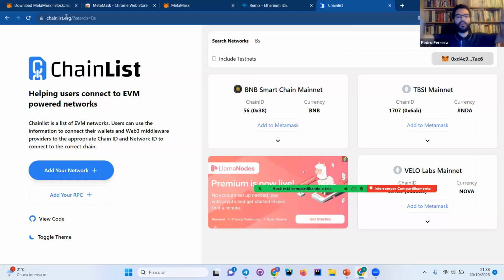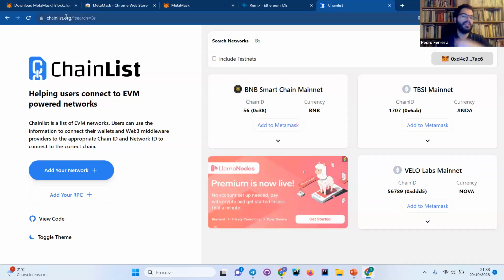There are a lot of blockchains running. Everyone can create a blockchain, but some are more decentralized than others. DeFi protocols run on these chains, in multiple chains, and we are just connecting to different chains.